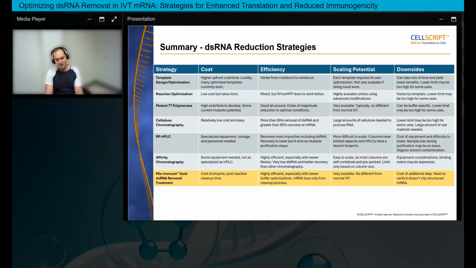But we are hitting a level that is much lower than mutant T7s and lower even than cellulose chromatography, in some cases reverse phase HPLC, with a simple enzymatic process. And really the only thing that we ever say to do is to just test it to make sure that it doesn't cut.